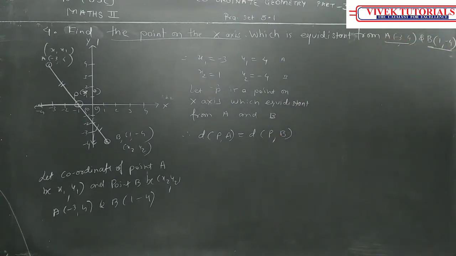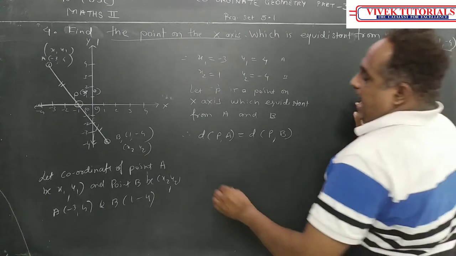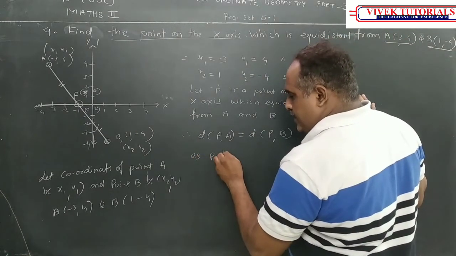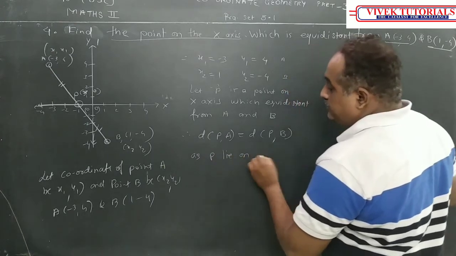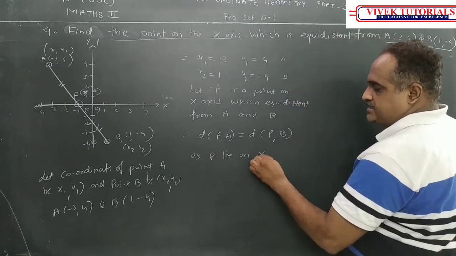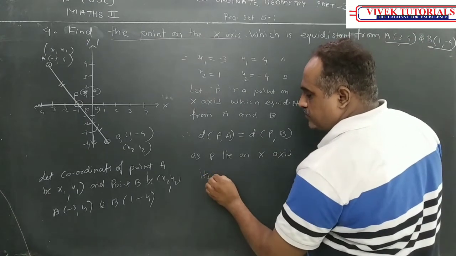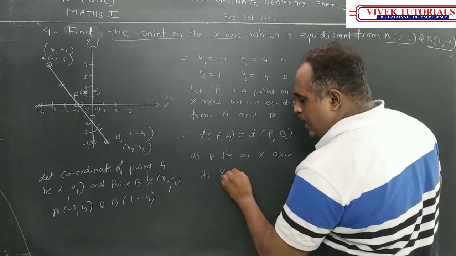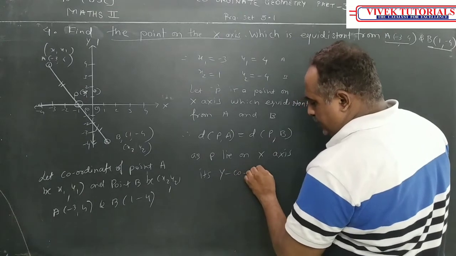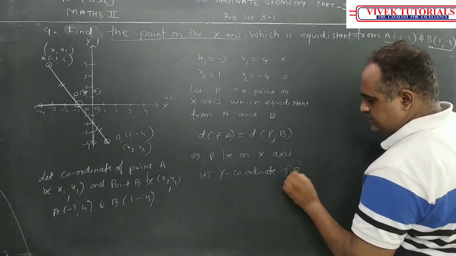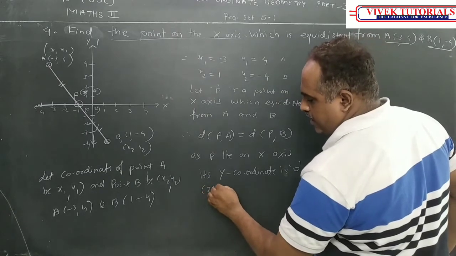Okay, got it now? As P lies on the x-axis, its y coordinate is 0. Correct?